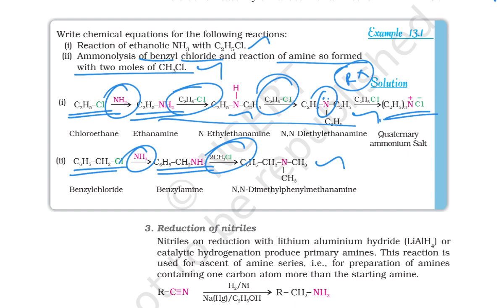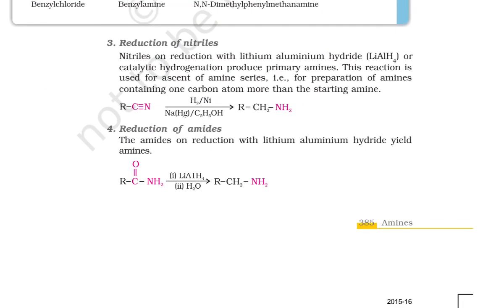Okay, next we go for another reaction, that is reduction of nitrile. Nitrile on reduction with lithium aluminium hydride or catalytic hydrogenation produces the primary amine. This reaction is used to ascend the amine series.